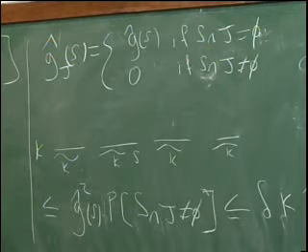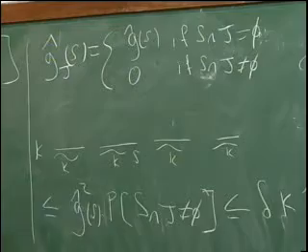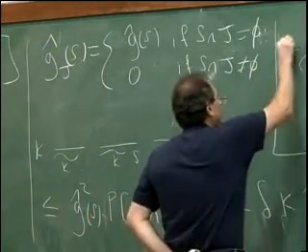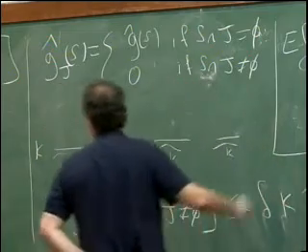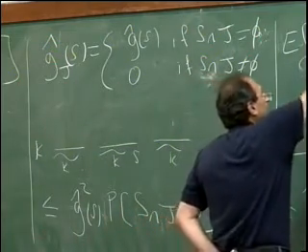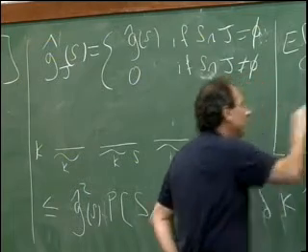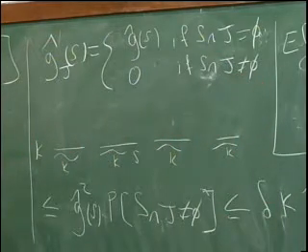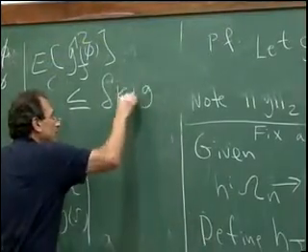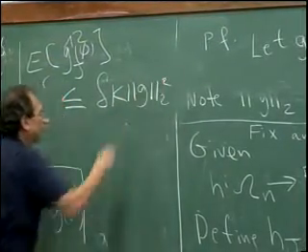And finally, when I sum up over S, I end up getting that this thing is at most delta k times the L2 norm of g.